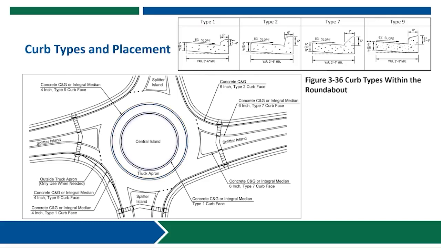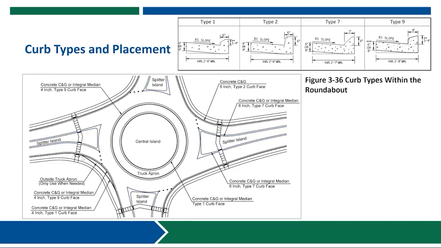At the back of the truck apron, we utilize a curb and gutter or integral median with a Type 1 curb face. Along all of the splitter islands, a 6-inch Type 7 curb face is used with a sloped curb face. This provides a little bit of a sloped back curb profile to avoid any tire scrubbing with trucks as it goes through, and that utilizes the same 2-foot gutter pan or an equivalent 2-foot offset if a gutter is not utilized.